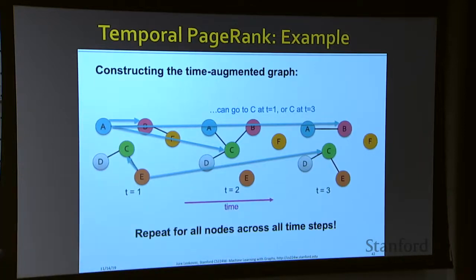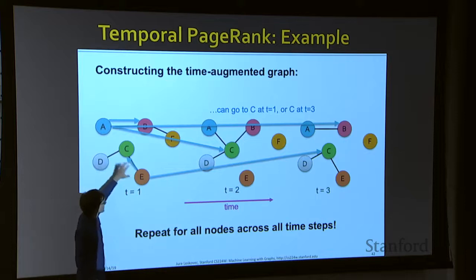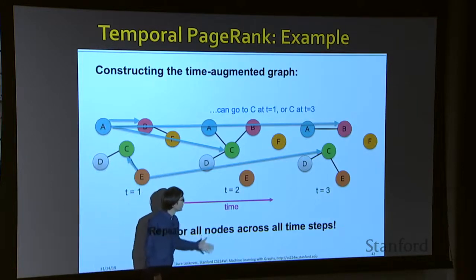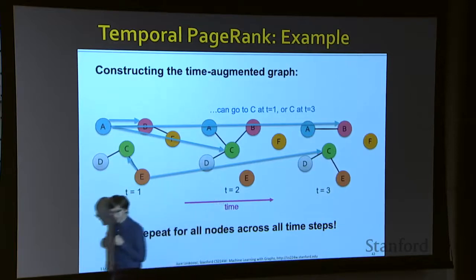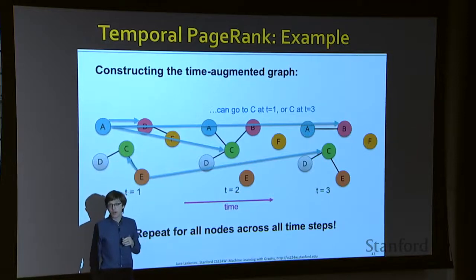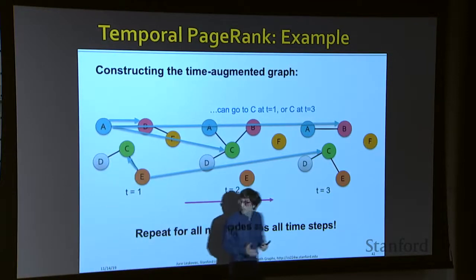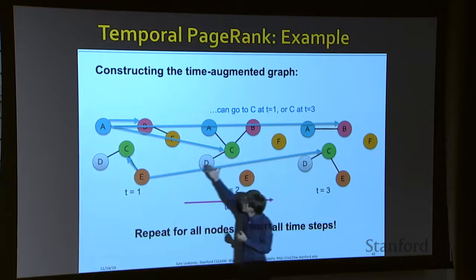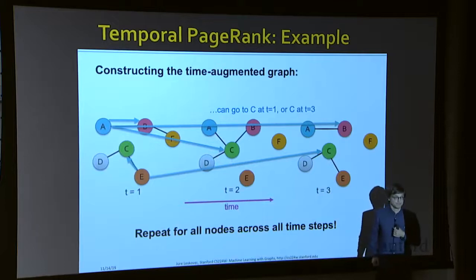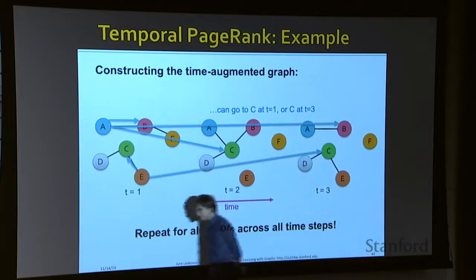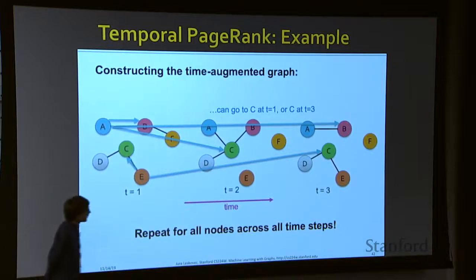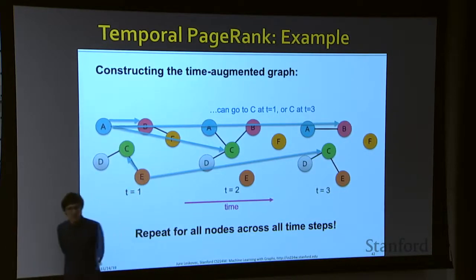And now we can repeat this process to create this type of temporally augmented graph across all nodes and across all time steps, right? And now if I would run the PageRank on this temporally augmented graph, then I would get a different importance, let's say, for node C at time 1 versus time 2 versus time 3, right? And this is essentially how this would work, at least conceptually.